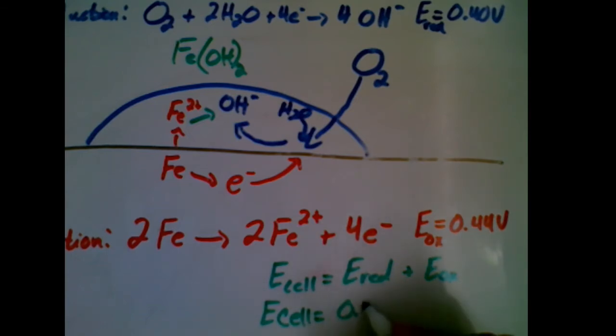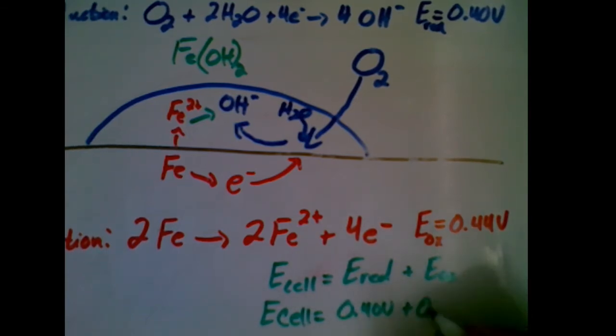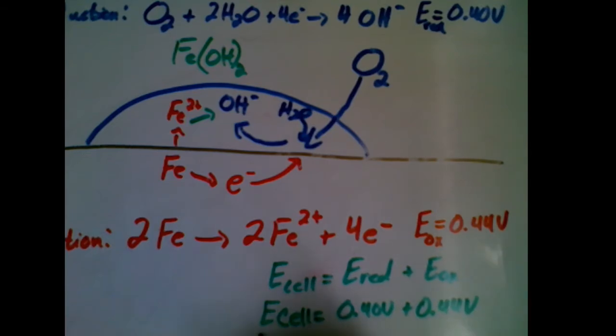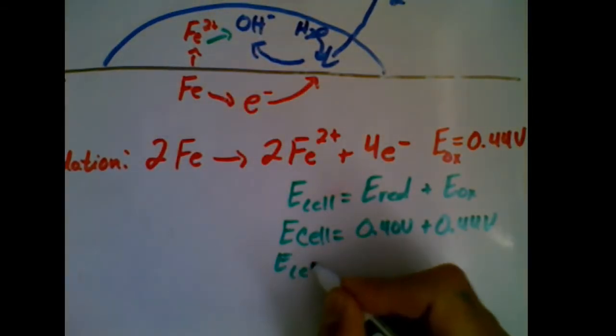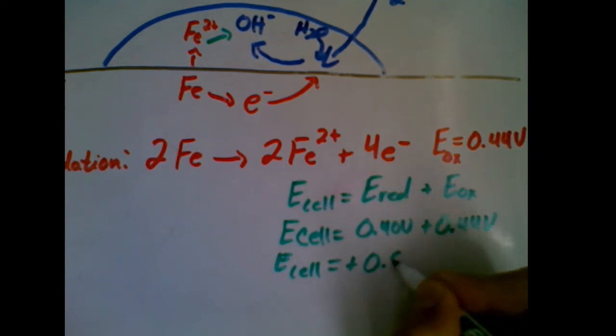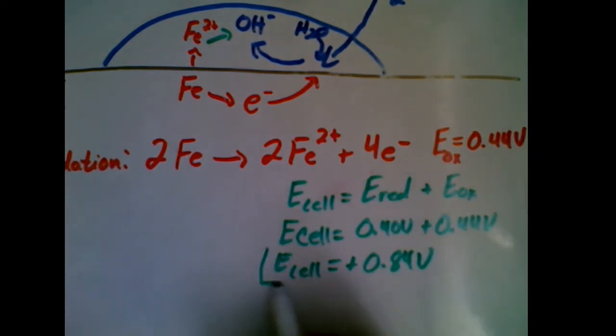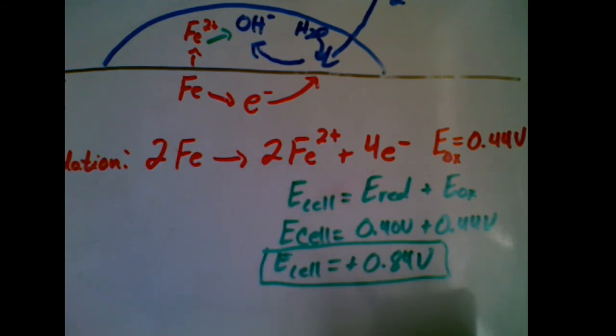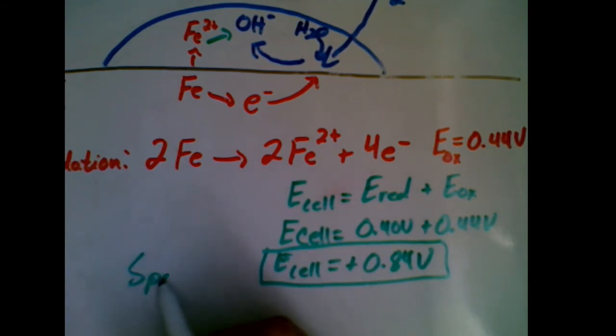You end up with 0.40 volts added to 0.44 volts, and you find that this cell has a positive 0.84 volt value. What this really means is this is spontaneous.